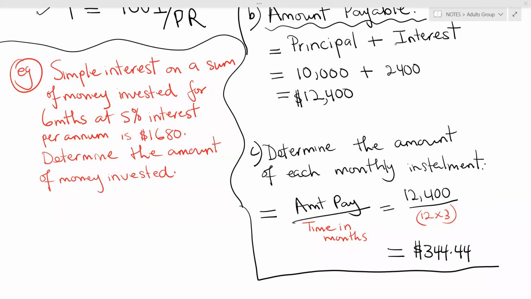For 3 years. We have another example on the screen. Simple interest on a sum of money invested for 6 months at 5% interest per annum is $1,680. Determine the amount of money invested. So now we see that they are not asking us for interest. So of course we take our time, we highlight the information. So simple interest on a sum of money invested for 6 months.